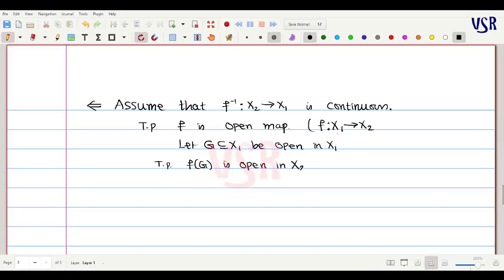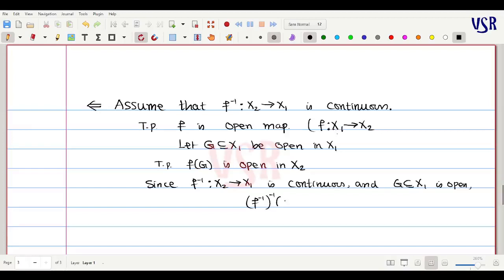Okay, since f inverse, a function from X2 to X1, is continuous, and G, a subset of X1, is open, this f inverse of G is open in capital X2.